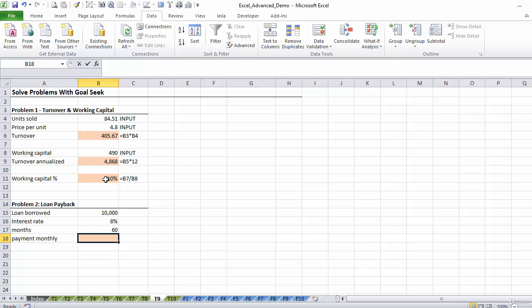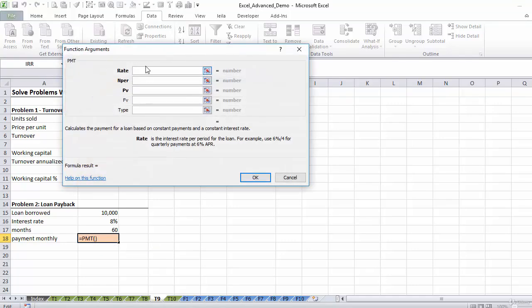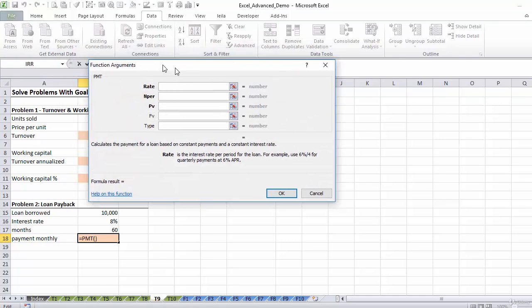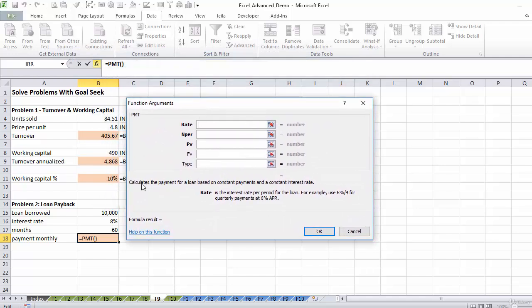Now there's a formula for this in Excel, and it's called the PMT function. So if I go in it here, it gives me more information about the parts I need to input. You can see it calculates the payment for a loan based on constant payments and a constant interest rate. In this case, the rate is my interest rate. And the interest rate here is an annual one.